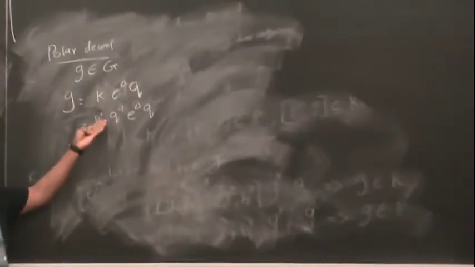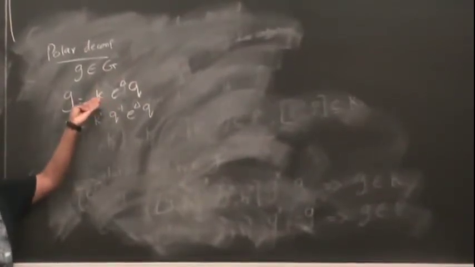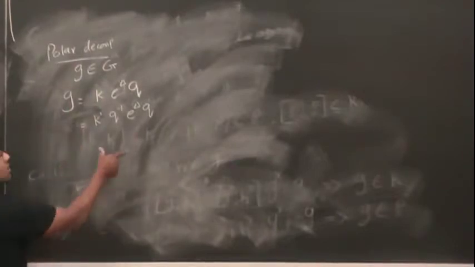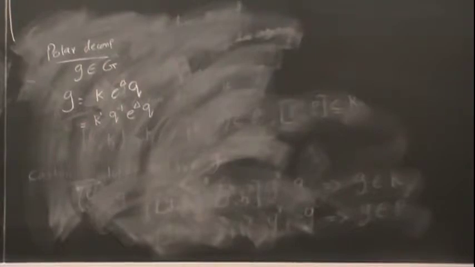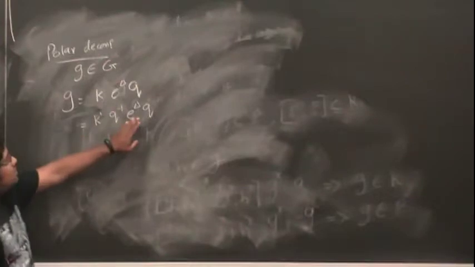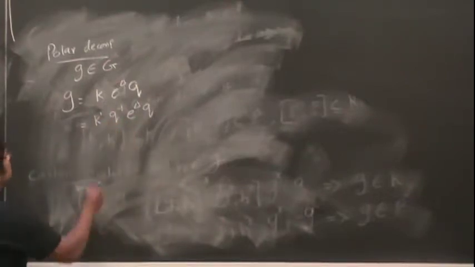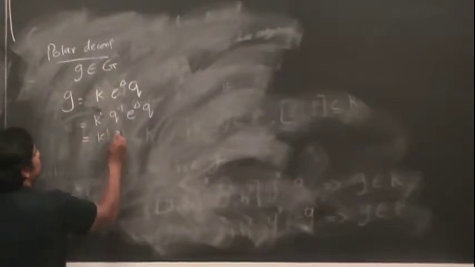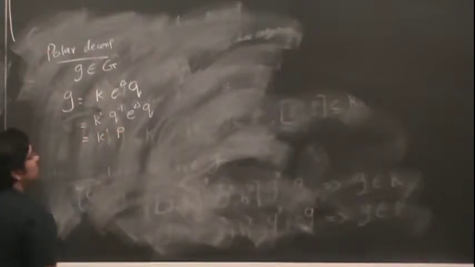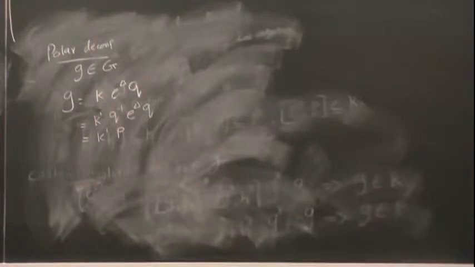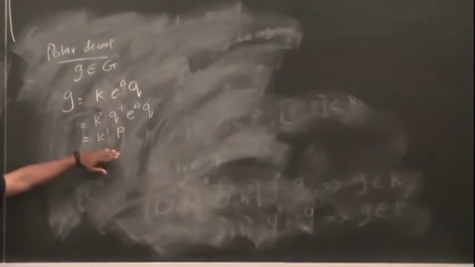Thus that K prime Q inverse is K. But because of the commutation relations, and we have already seen this, Q inverse e to the delta Q is an element in P. So this is equal to K prime P.